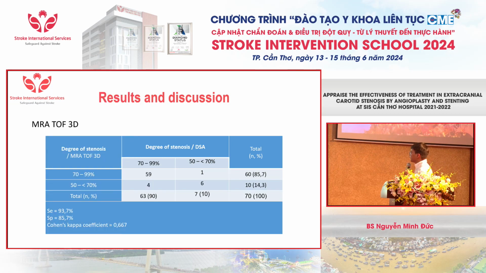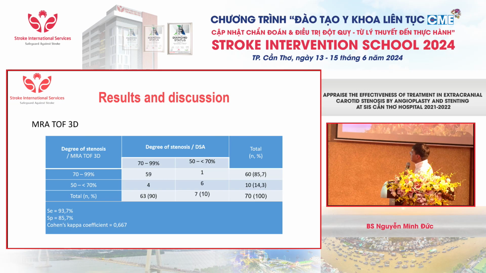At our hospital, we use MRI to make a 3D TOF image of the vessel so that we can easily diagnose the degree of stenosis, using DSA as the baseline.